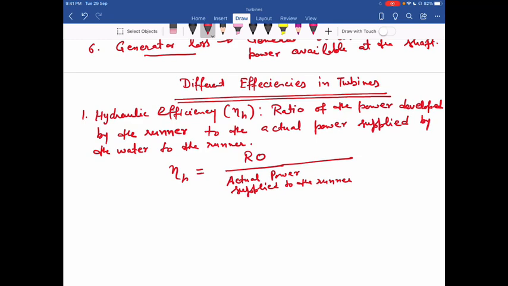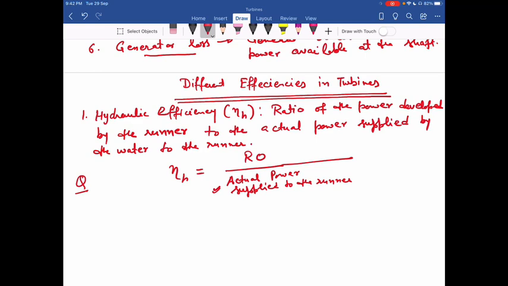Now, if you want to see what the actual power supplied to the runner is, say we have total discharge Q. Now Q is the amount of discharge coming through the penstock.